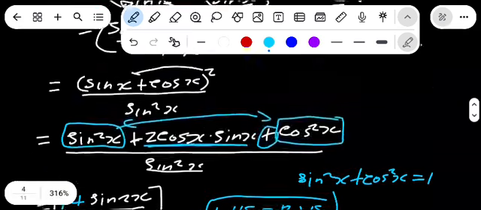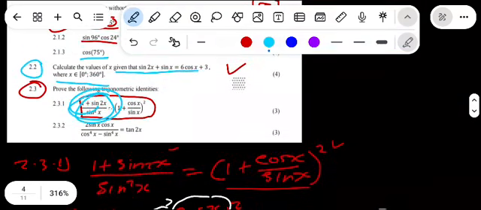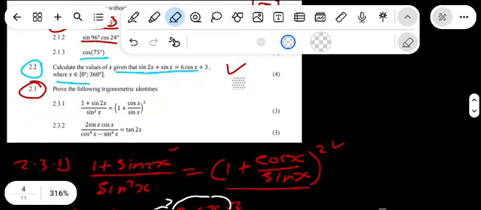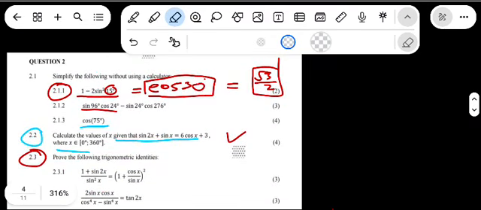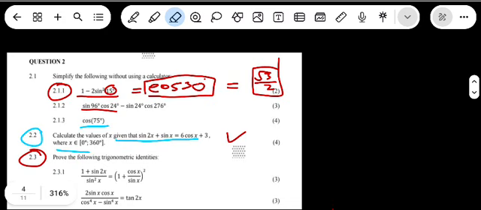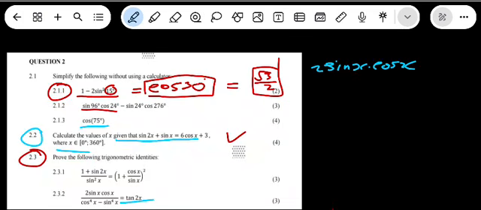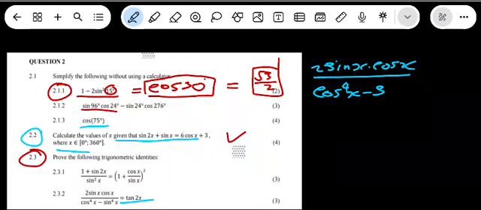We did prove. So let us prove this one again. You can prove the one you've been given. You've been given 2 sine x multiplied by cos x divided by cos raised to the power 4 x minus sine raised to the power 4 x.